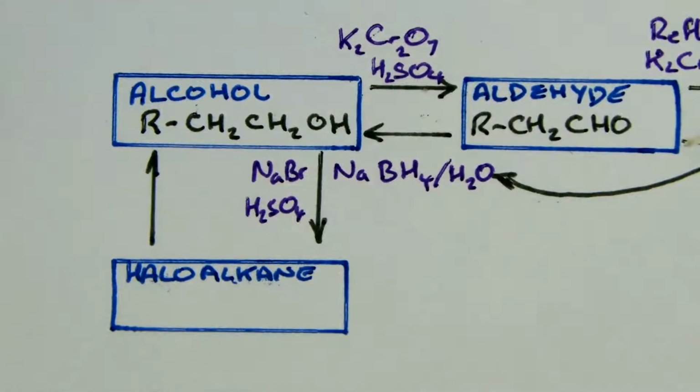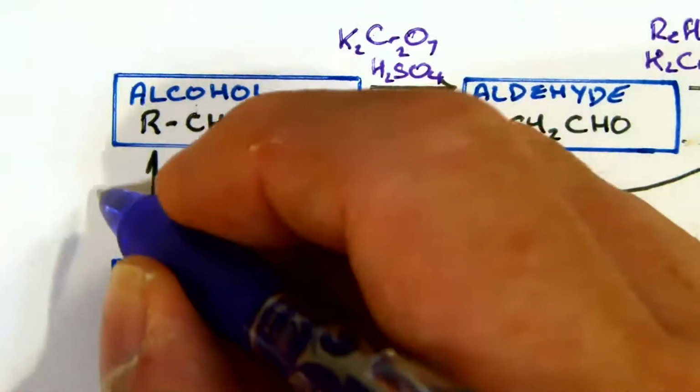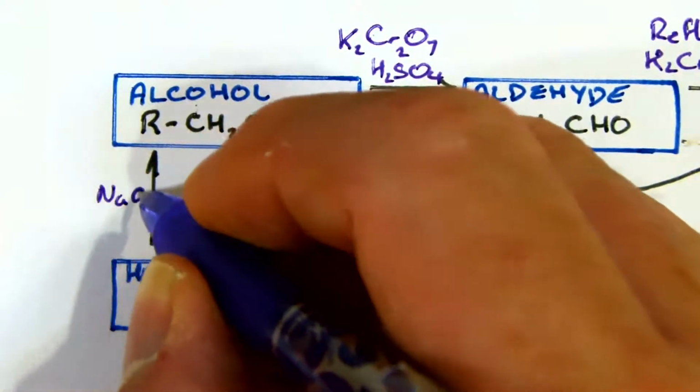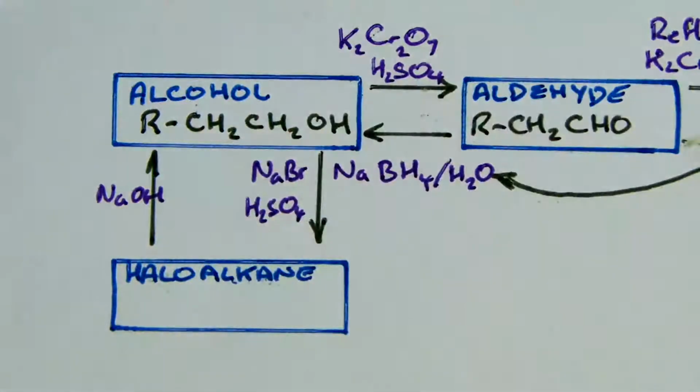To make it go the other way, I will just use some sodium hydroxide. I'm not writing the full synthesis down here. I'm just writing down enough so that I can remember what I'm doing.